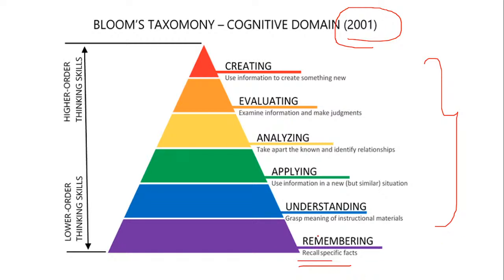Remembering, as I said, is recalling. Understanding is grasping the meaning in your own terms. Applying is using the information. Analyzing is identifying the relationship in detail. Evaluating is to assess or examine the information and to make judgments. And creating is to use the information in order to create something new. That's how Bloom's taxonomy is understood.